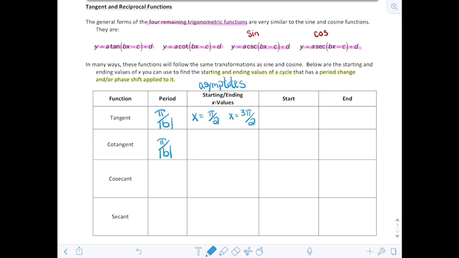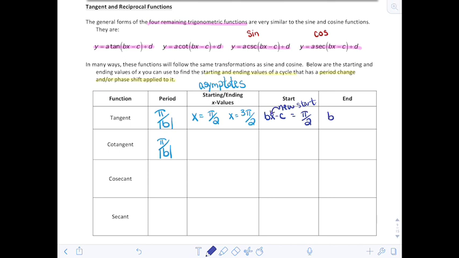So when we have a phase shift or a period change, we're going to take whatever is bx minus c and set it equal to the first positive asymptote, pi over 2. And that will give me the new start when I solve for x.